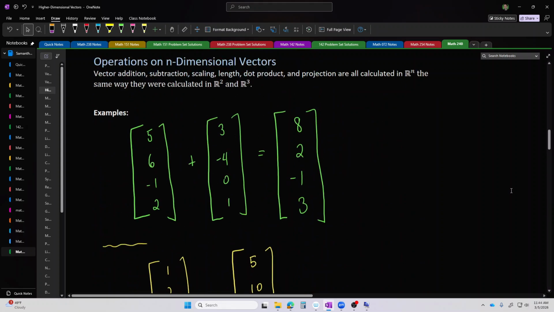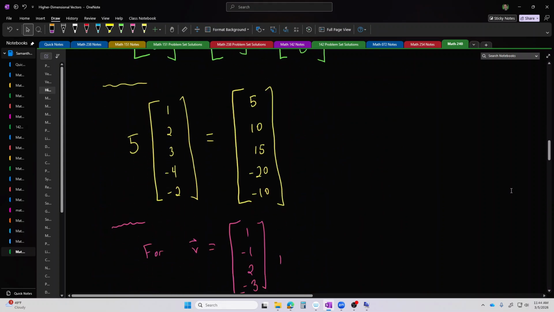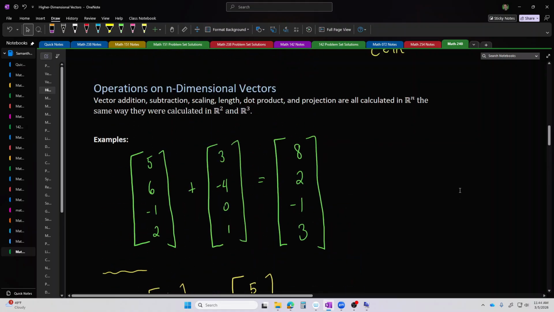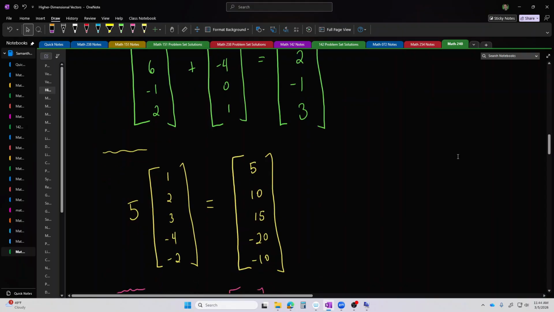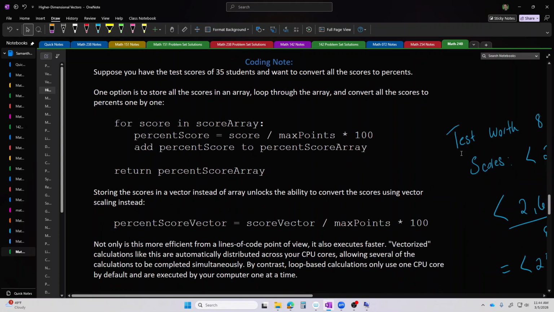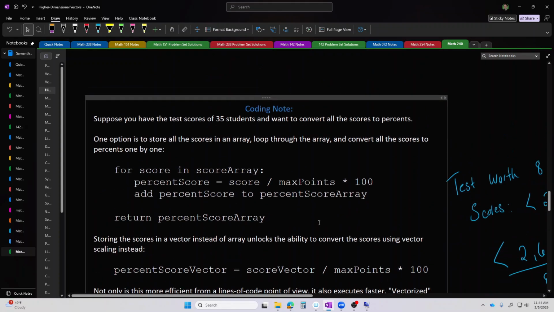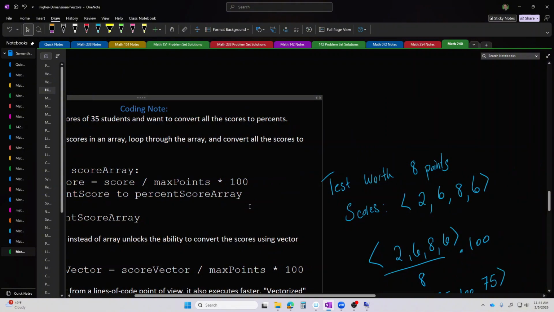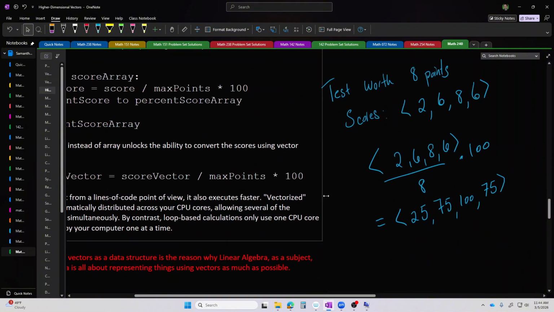The advantage of representing an ordered list of numbers in a vector format is, first of all, it allows you to use all the same formulas that were introduced for two-dimensional and three-dimensional vectors, like addition, scaling, dot product, length calculation, projection, etc. The second major advantage of storing data in a vector as opposed to some other data structure is that it unlocks vectorized calculations, which are automatically distributed among all your CPU's cores, which makes the calculations on your computer run much faster.